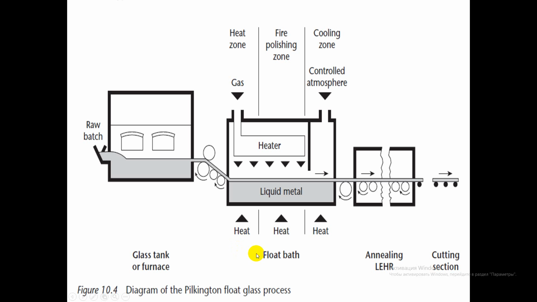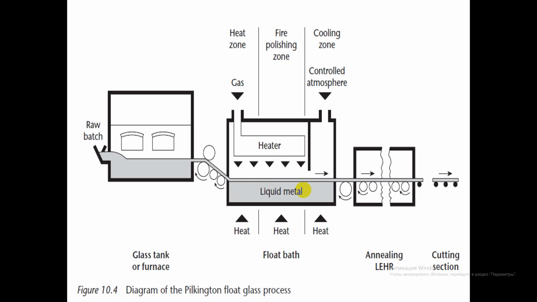Tin melts at 232 degrees Celsius and has a density of 7,300 kilograms per cubic meter, nearly 3 times that of glass. It meets all the technical requirements for a substrate material and has proved to be excellent for the purpose.